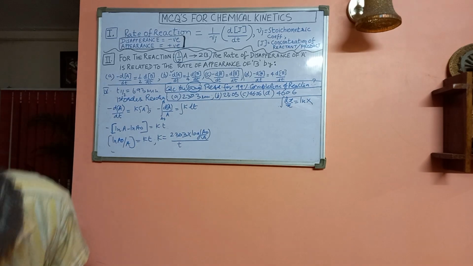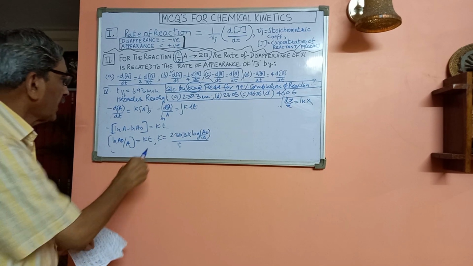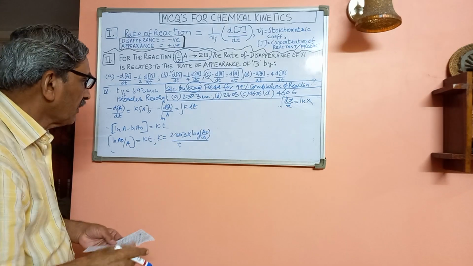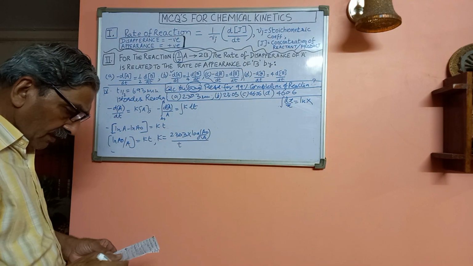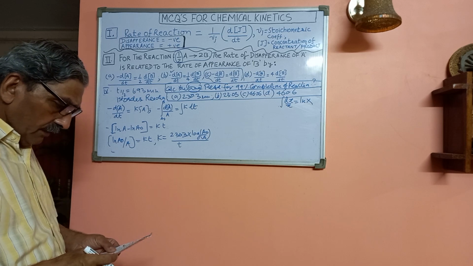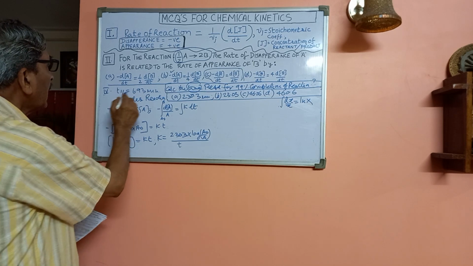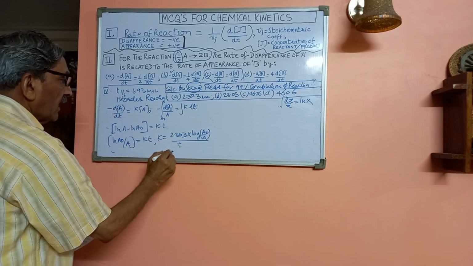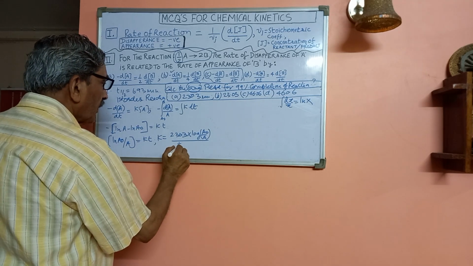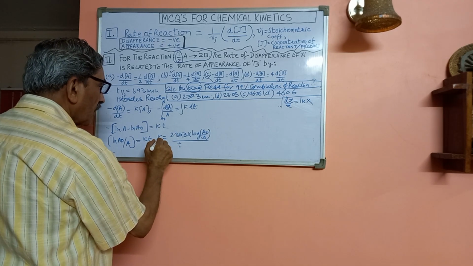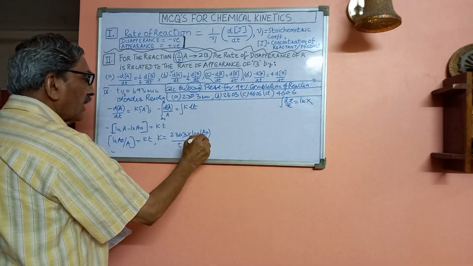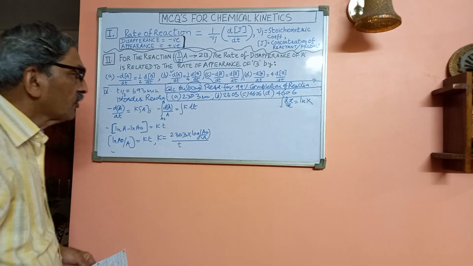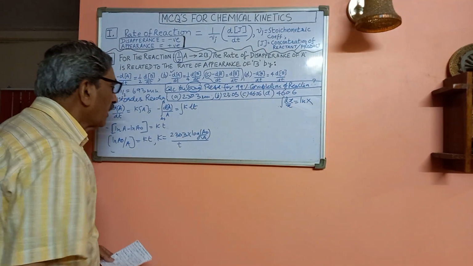We have to first of all find K, so let's figure this out. Log A0 by A we have to evaluate with T half given. At T half, this can be easily evaluated, because this will become log of A0 by A0 by 2, so it will become basically log 2.